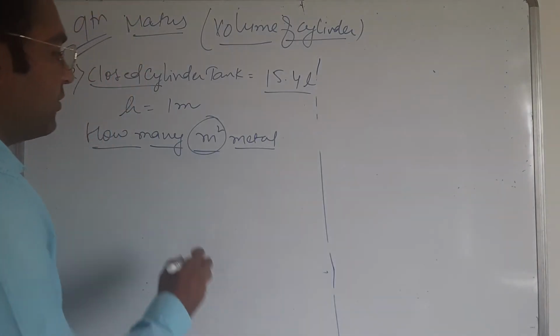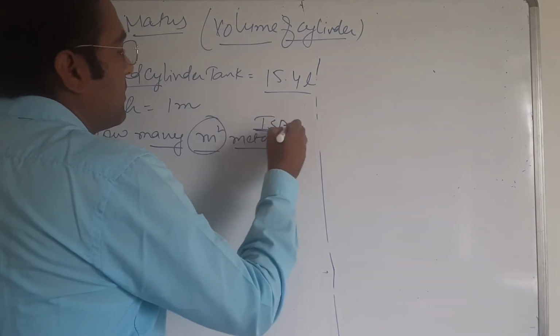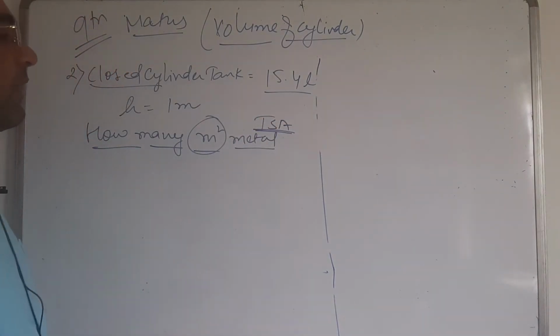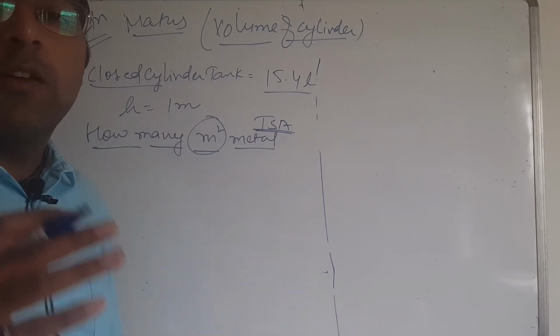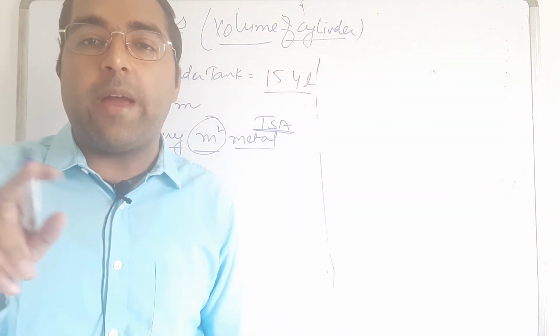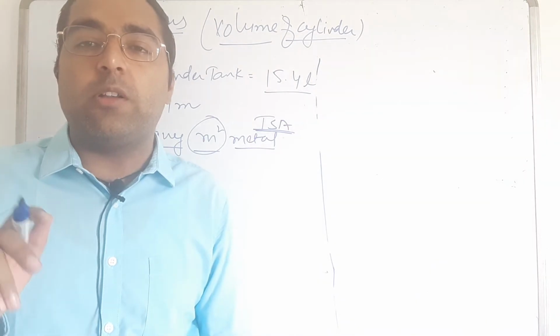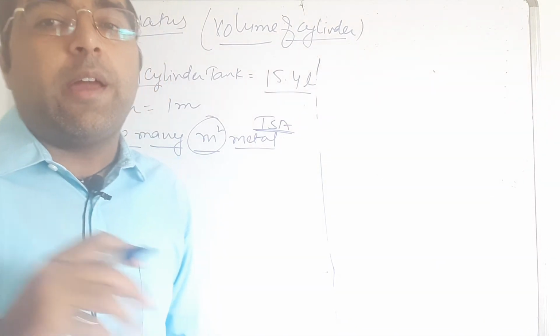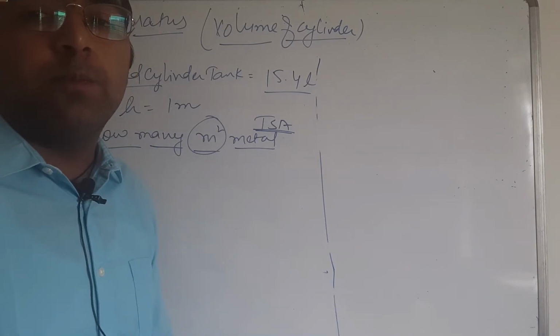So first of all we have to find the radius. And after that we find the total surface area, because we know that the formula of total surface area of a cylinder is 2 pi r plus h. In that we must know the radius of the cylinder, and the radius is not given. So first of all we have to find the radius of the cylinder.